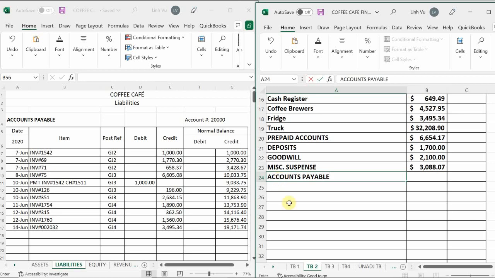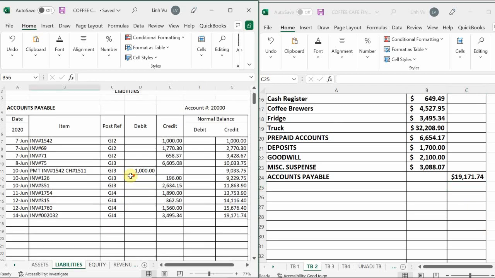Okay, for how much? 19171.74. Yes, again, lots of money we spent.